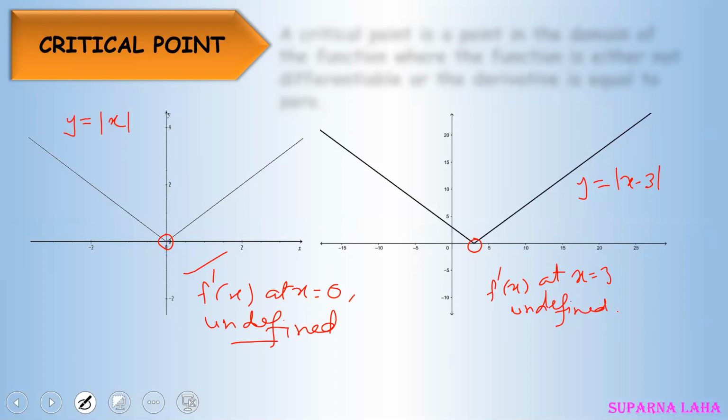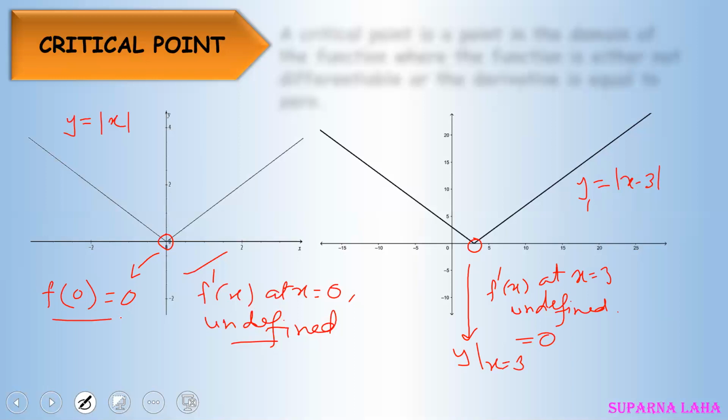But check, at this point the function has the minimum value, since f of 0 is 0. And at this point also, this function has the minimum value. So y at x equals 3 is 0.